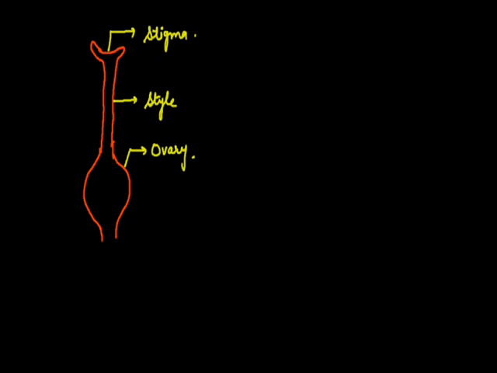Now inside the ovary, the ovule is found, in which the egg cell is kept. This is the ovule. There you can see one egg cell. It's the female gamete.